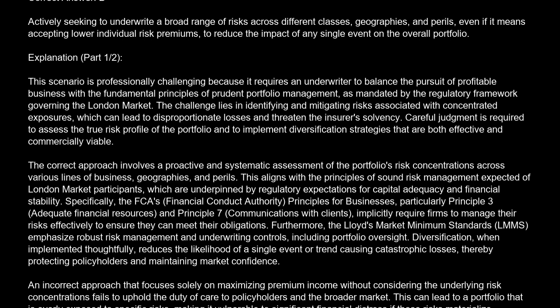Specifically, the Financial Conduct Authority's Principles for Businesses, particularly Principle 3, Adequate Financial Resources, and Principle 7, Communications with Clients, implicitly require firms to manage their risks effectively to ensure they can meet their obligations. Furthermore, the Lloyd's Market Minimum Standards, LMMS, emphasize robust risk management and underwriting controls, including portfolio oversight.